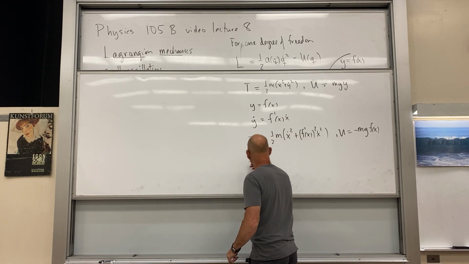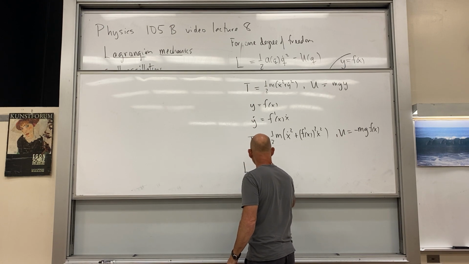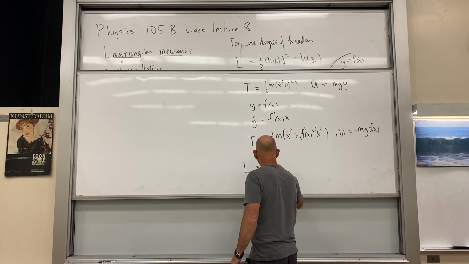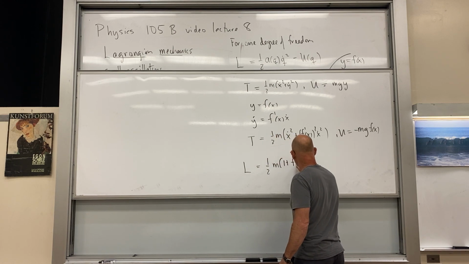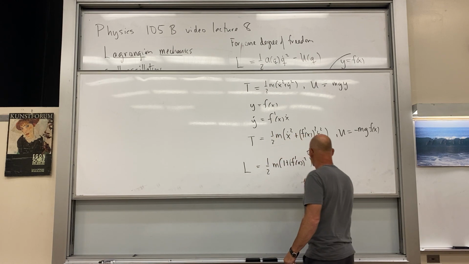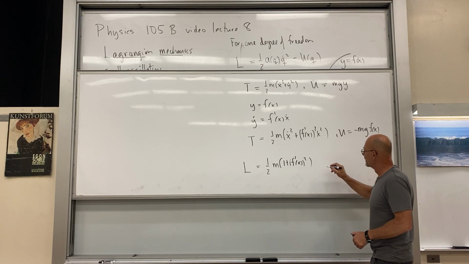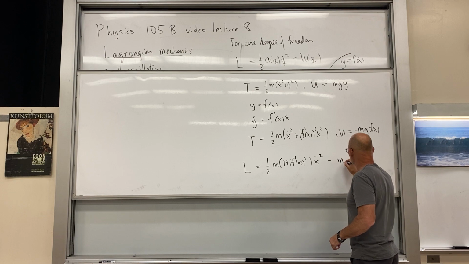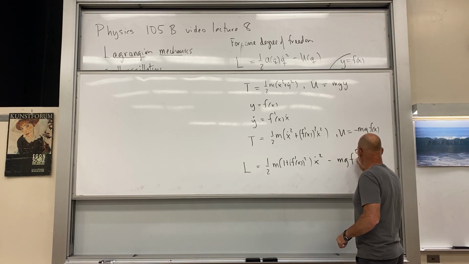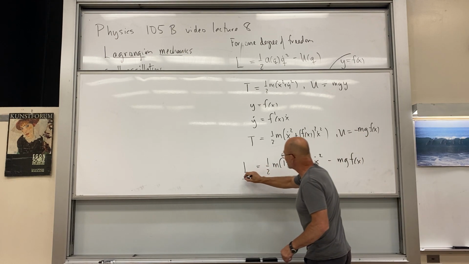Now we're going to have L equals 1/2 m times 1 plus f prime of x squared, times x dot squared, minus mg f of x. So now we have a Lagrangian.